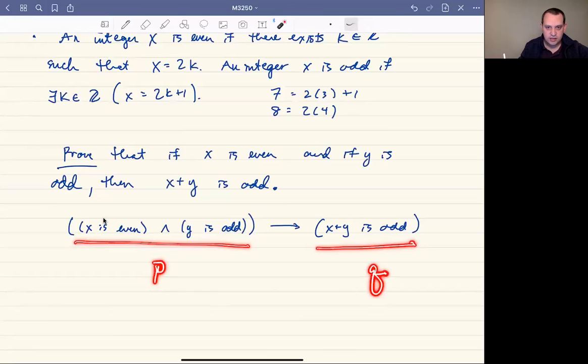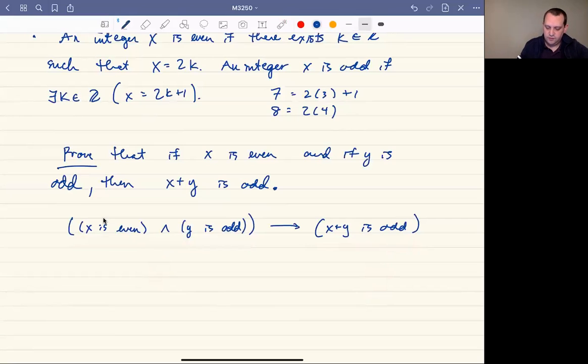Q is our statement that x plus y is odd. So if we're going to do a direct proof, we're going to start by assuming that our hypothesis is true. In other words, we're going to assume that x is even and y is odd. Okay, and then from that we want to deduce somehow that x plus y is odd.